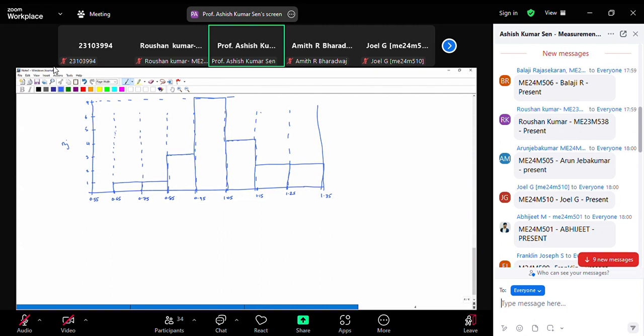Now, on the x-axis you basically have the interval, right? So this is your x_i, and depending on the interval, you have the frequency of occurrence.